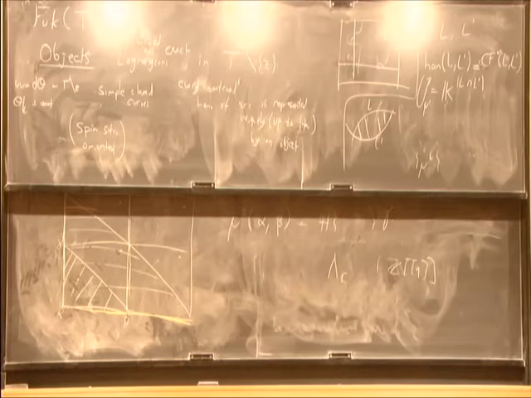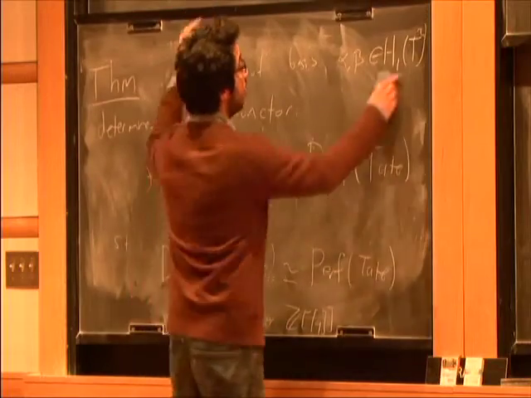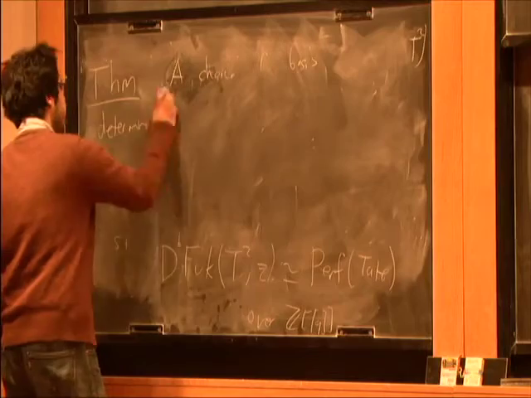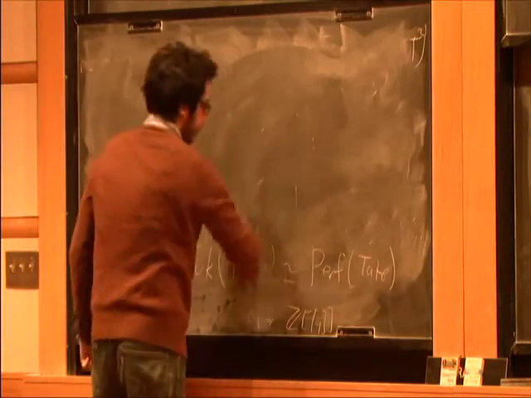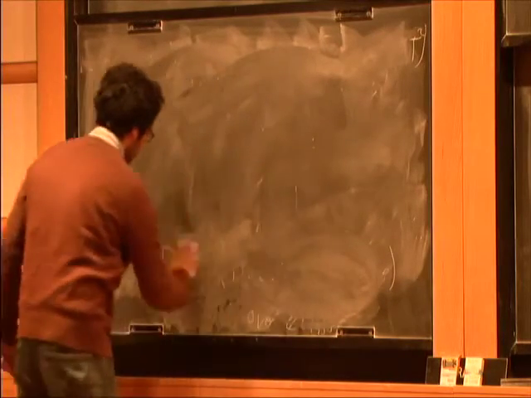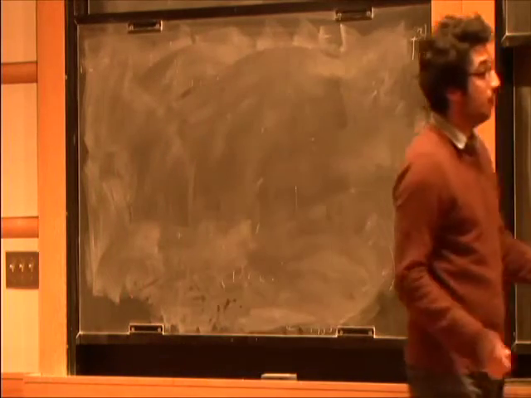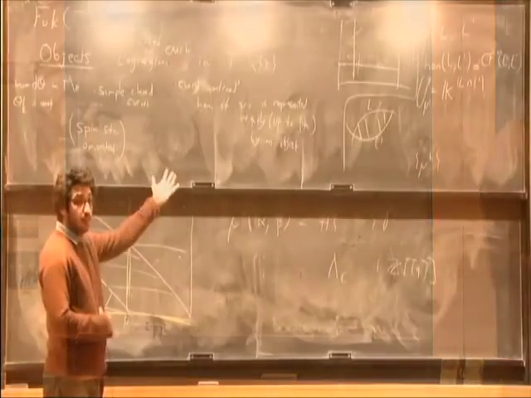Now, what's the algebraic side? For those who haven't worked on this kind of stuff before, I should maybe make this trivial remark that it's important to keep this A infinity structure as a chain level structure.